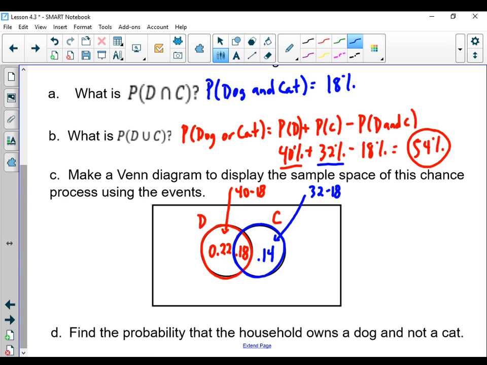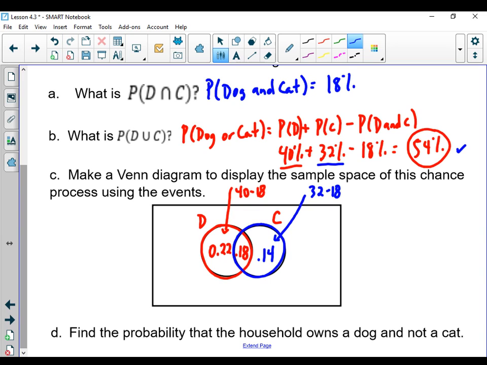Now, if you're doing the Venn diagram for real, you wouldn't put those values with the arrows, but you would just put your totals in. So right now, if I look at everything inside the circles, I have 0.22 plus 0.18 plus 0.14. So I've got 0.54 right now, which matches what we had right here.